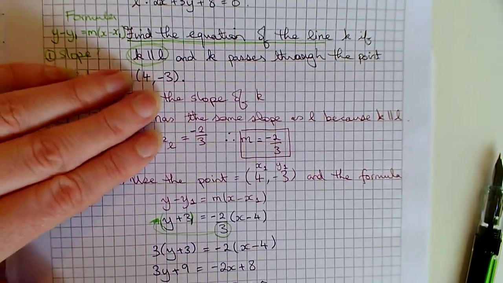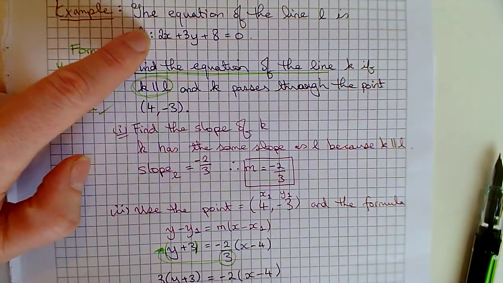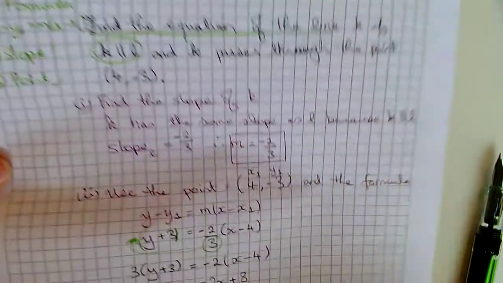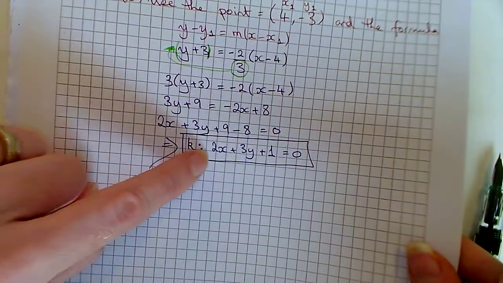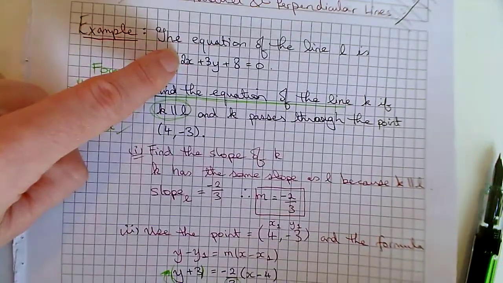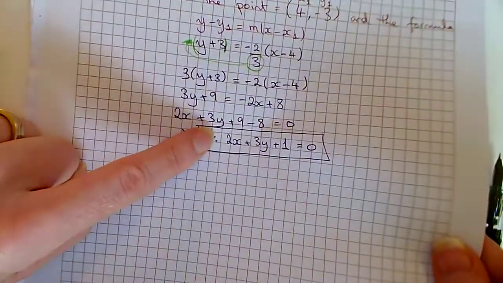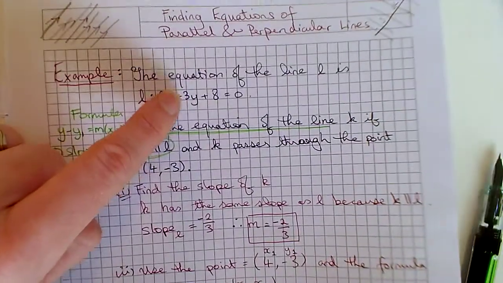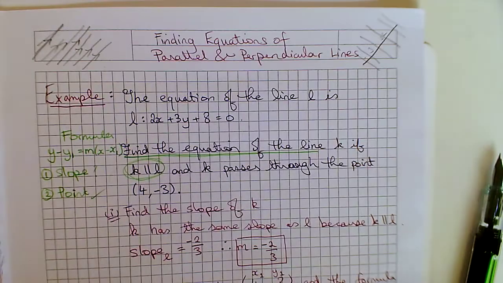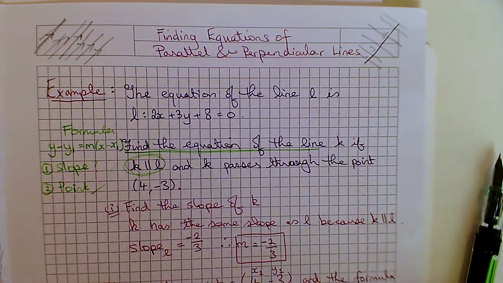Notice something about this line and this line. They have the same x terms and the same y terms. The only thing that's different about them is their constants. And that makes sense because the x and the y coefficients are what determine the slope. And for parallel lines, the slopes must be the same.